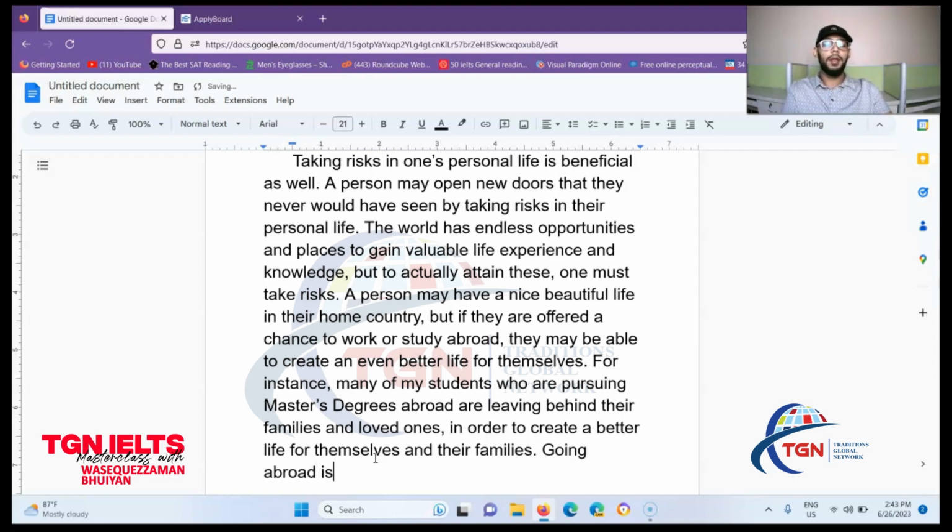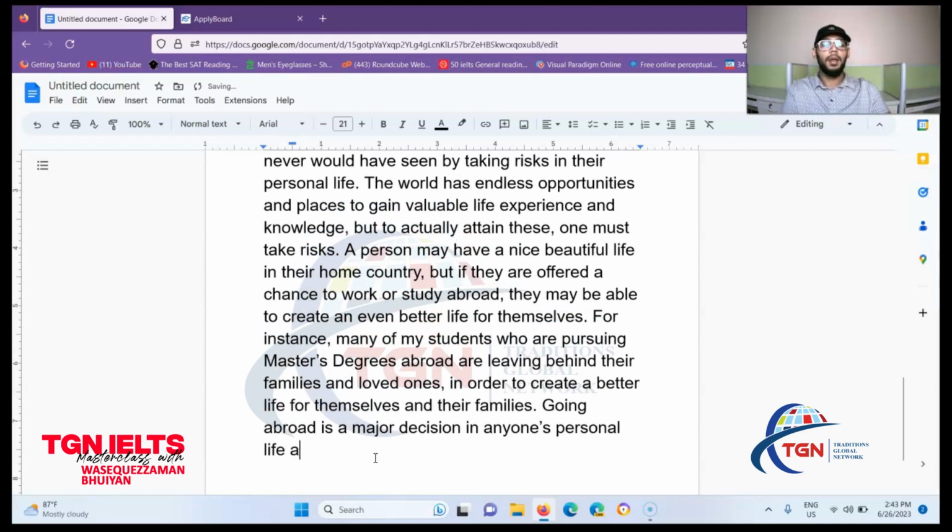Going abroad is a major decision in anyone's personal life, but the advantages are massive. Done. So now we just need to put a small little conclusion, okay?